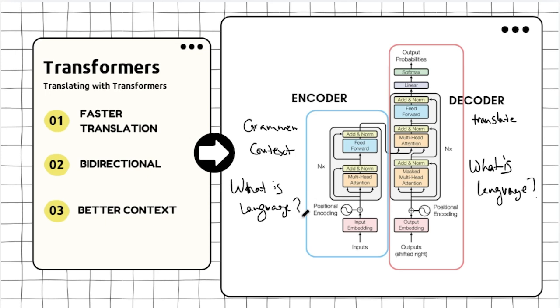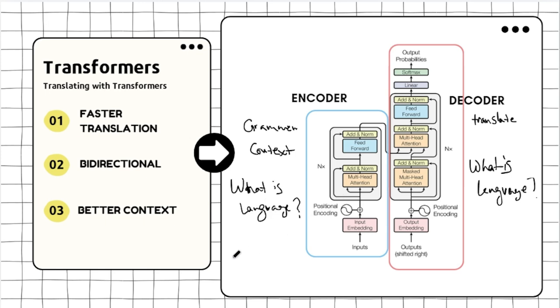So computer scientists or coders around the world found out that one of the key aspects of a sentence when it comes to translating is understanding language. Both encoder and decoder in some parts understand language, but not completely.